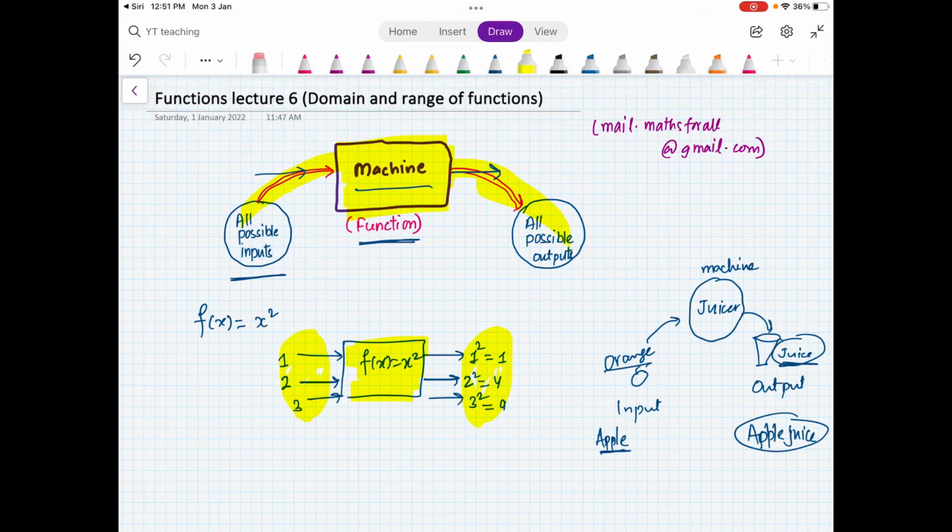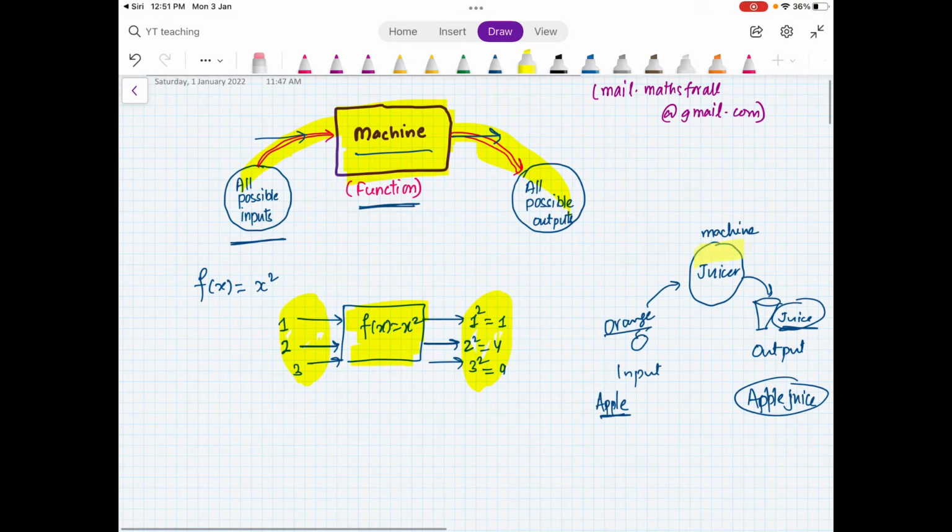Now I would like to ask you a question. In a juicer, can I put iron bars? Can iron bars be an input for the juicer? The answer is no. Why? Because if I put an iron bar into the juicer, I will not get iron juice. So I can feed orange, I can feed apple, but I cannot feed iron bars.